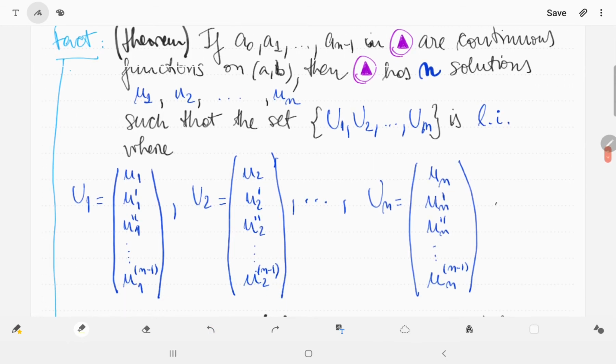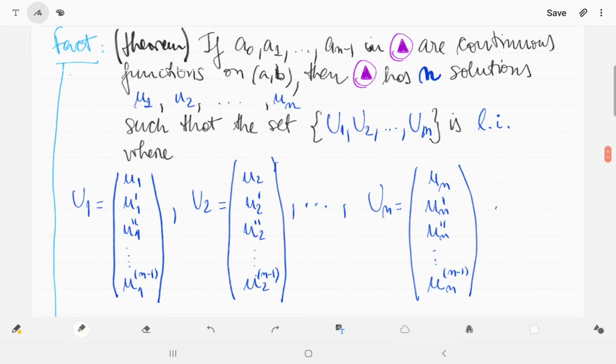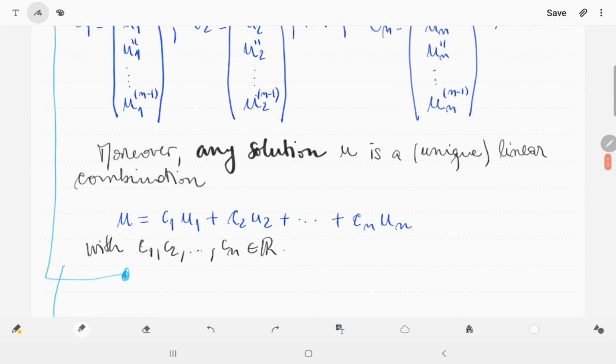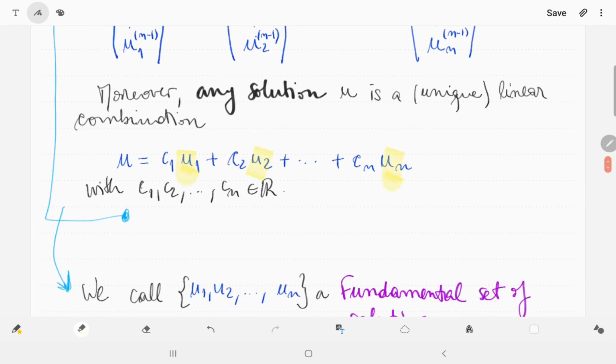Okay. So what I'm trying to say is that when we have this linear homogeneous equation of order n, and we find n solutions such that this set is linearly independent, then any solution of the equation is a unique linear combination of those n solutions.